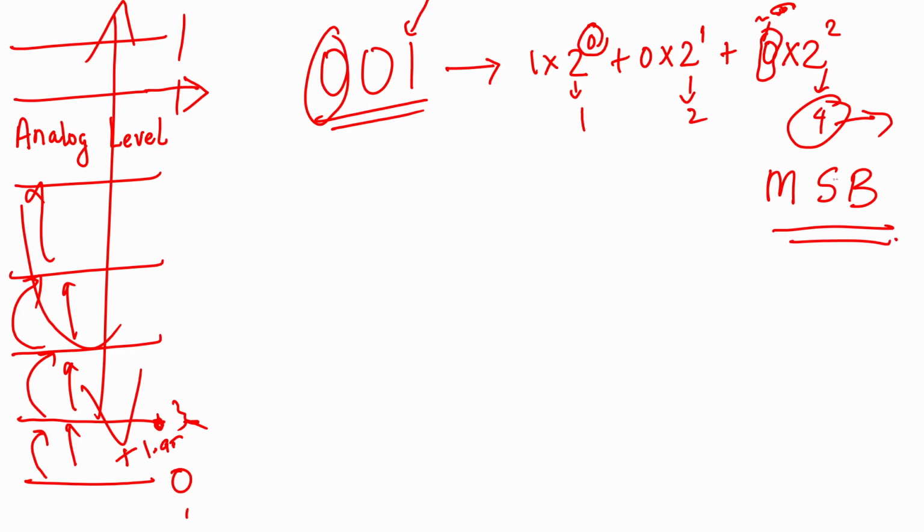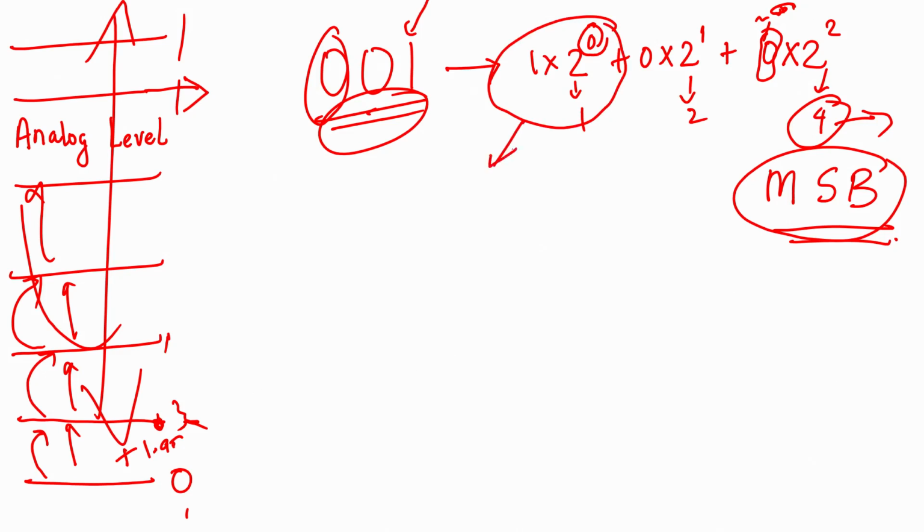Because this bit has the highest contribution of analog voltage value to the analog voltage level of your digital word. That is why it is called most significant bit, and that is why this is called, yes, you guessed it, LSB. Clear? I had told you that I will tell you this concept when we discuss digital to analog conversion. So, I have kept my promise.